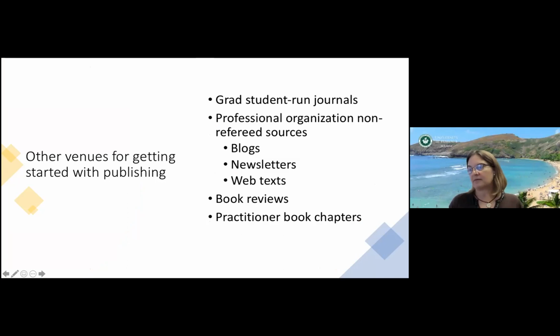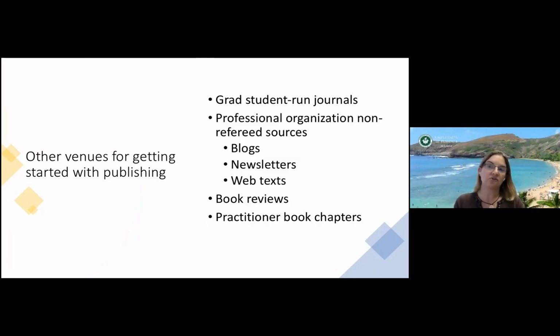The other one I want to recommend, and this is a good one to overcome some of that imposter syndrome, is helping students get published at all. So before they feel ready to write for a peer-reviewed journal, maybe having them write for less pressure sources.